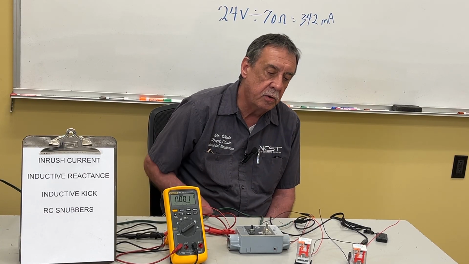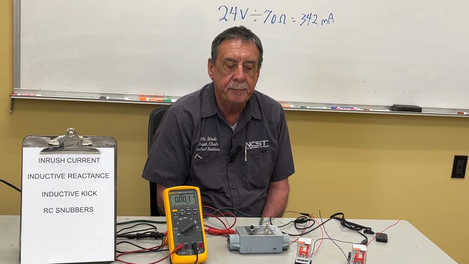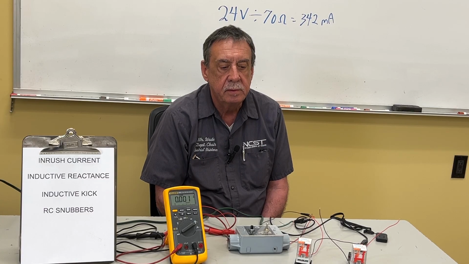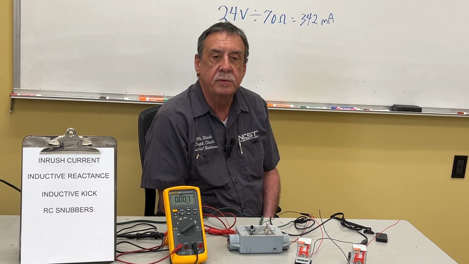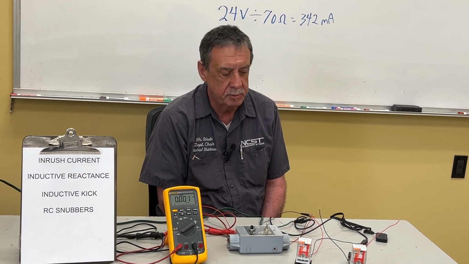Now, I measured the ohms of this 24-volt AC relay, and it measured 70 ohms. And if I apply the math, you take the 24 volts divided by the 70 ohms, and you come up with roughly 342 milliamps of current.